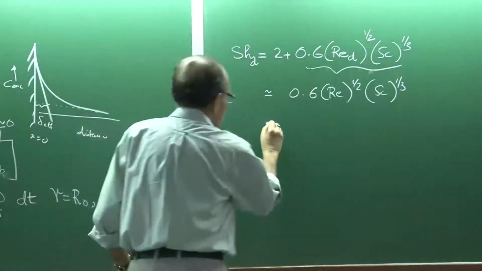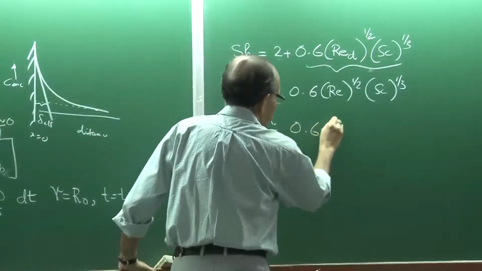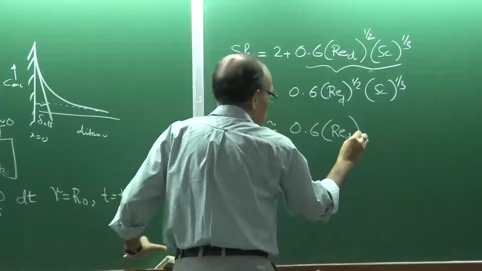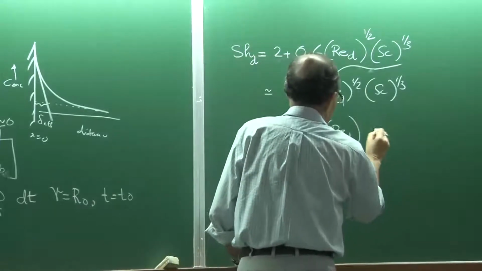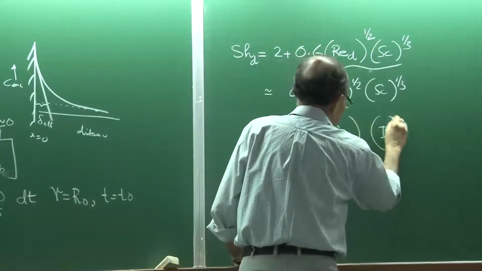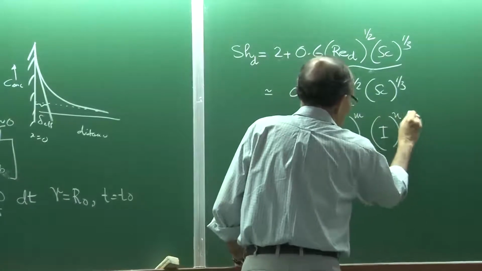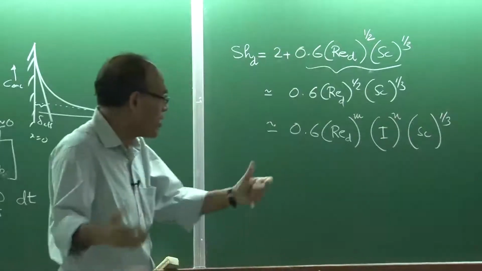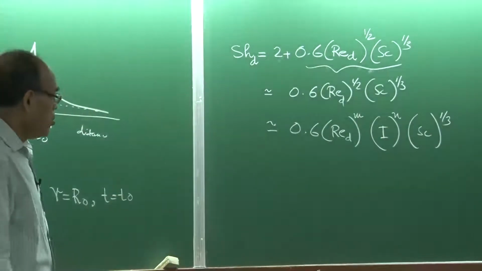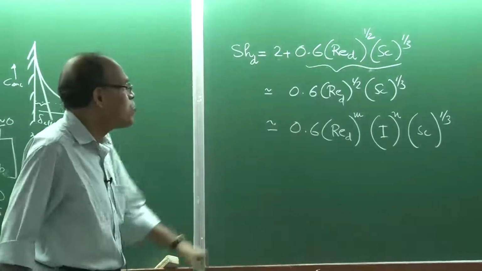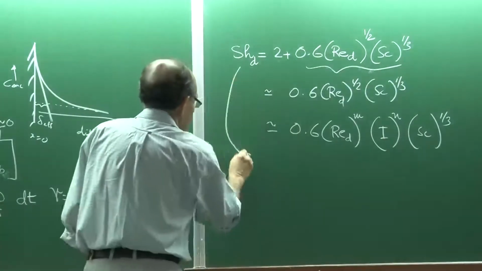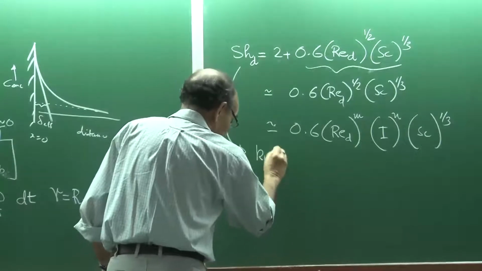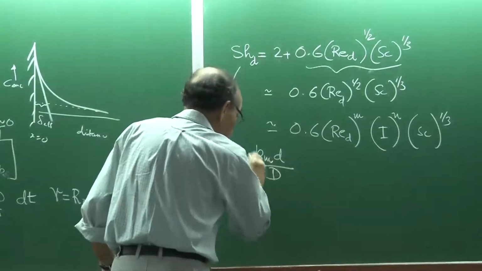And if the flow is also turbulent in nature, in that case one can write down an expression involving the intensity of turbulence, for which the values of m and n are known and given in the literature. So this gives us a framework, because Sherwood number is equal to mass transfer coefficient times characteristic length, which is the diameter, divided by the diffusion coefficient.